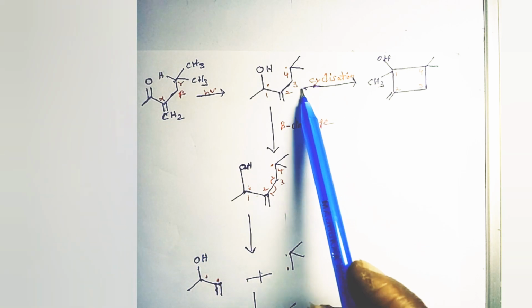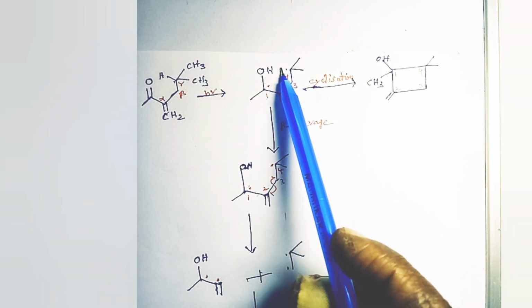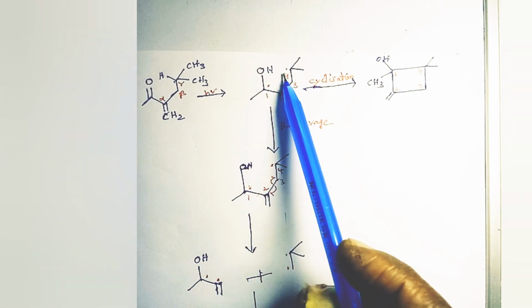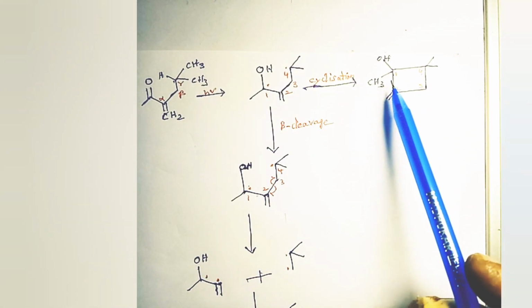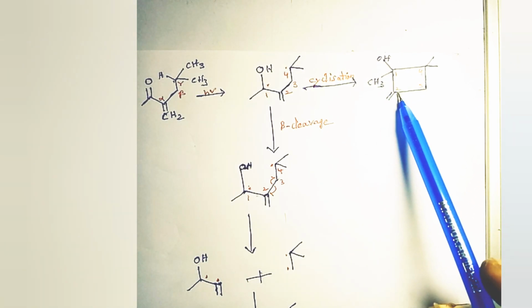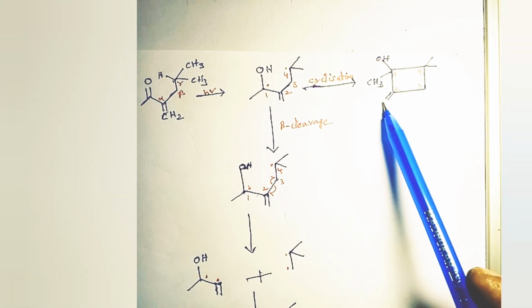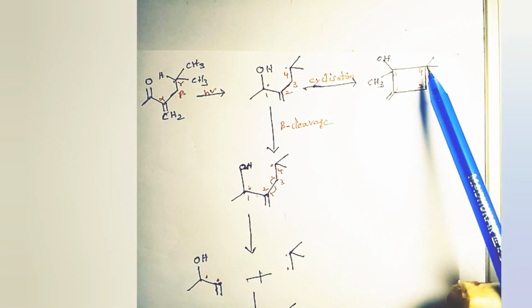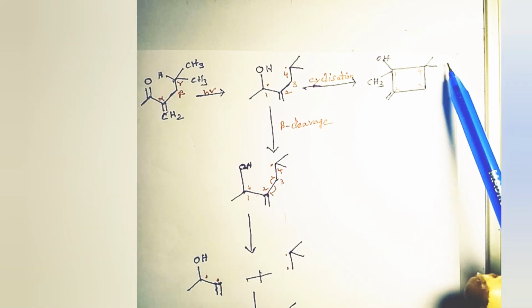this oxygen will abstract H and form a 1,4 biradical. Then cyclization occurs: this radical and this radical will join together to form a bond, as a result of which we get OH CH3, C double bond CH2, and on the fourth carbon two CH3 groups.